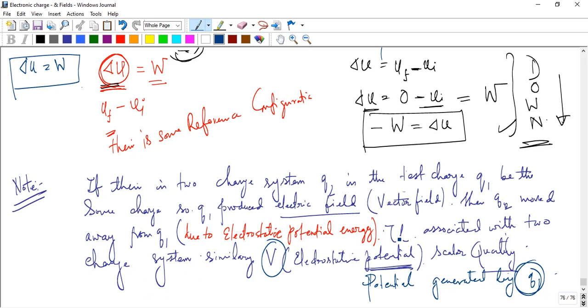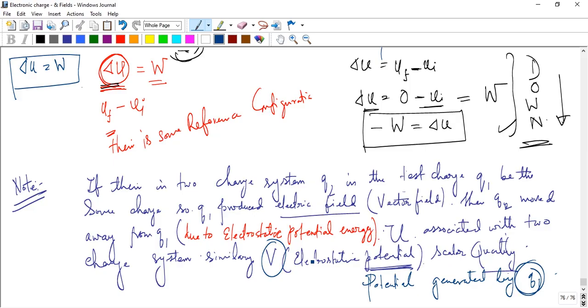The electric field is obviously generated by the source charge. Similarly, the electric potential is also generated by the charge Q1, the source charge. Okay, clear? Now we discuss two important points.